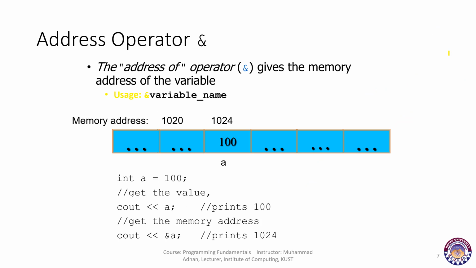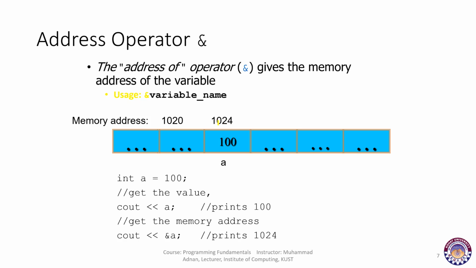Okay, and then before discussing pointers in detail, I would like to discuss the address of operator, represented by the ampersand sign. The address of operator gives the memory address of a variable. So if you use the ampersand sign with any variable, you get the memory address of that variable. For example, we have a variable a which is storing the value 100, and it has address 1024.